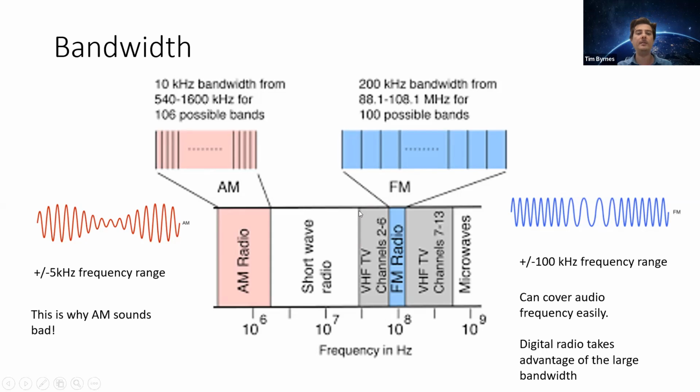So bandwidth just means how much of the frequency range of the electromagnetic spectrum you're actually using. The more bandwidth you use, the more information you can send. This is why we say high bandwidth. People consider it synonymous with just large amounts of information, but this is where it originally comes from.